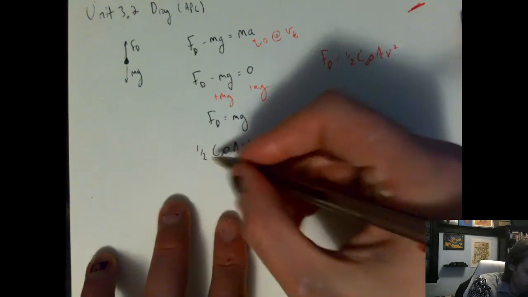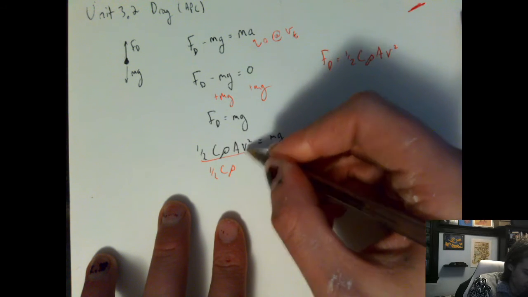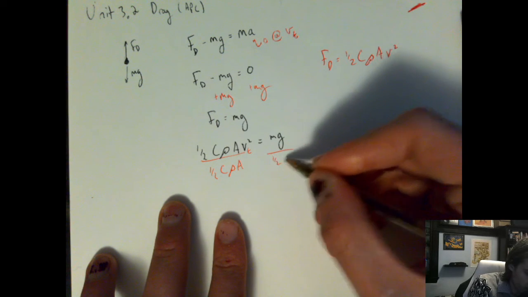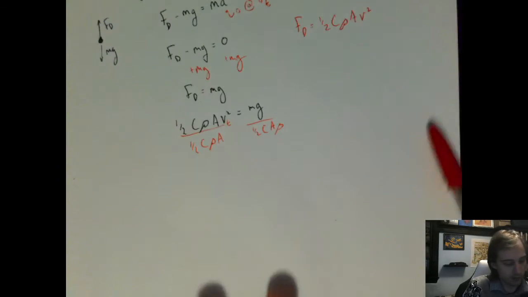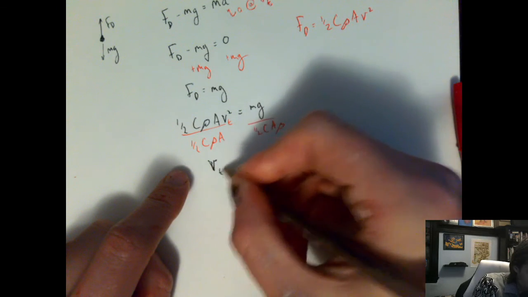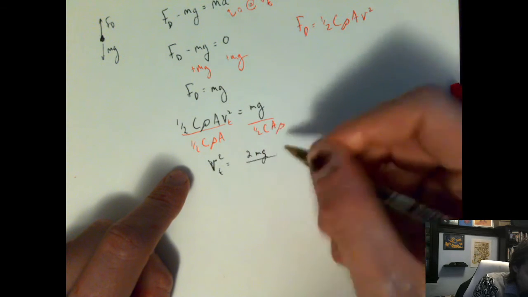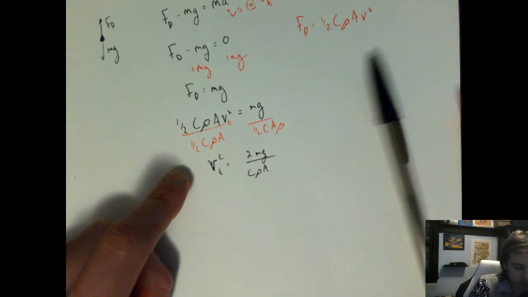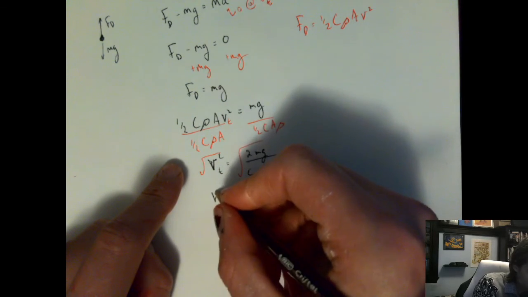And if I want to get my velocity alone, because specifically this will be terminal velocity, I just have to divide by 1/2 C A rho, and I'll get the order right on the next line, which will give us 2mg over C rho times our cross-sectional area. And we can square root that, and we'll get our terminal velocity equation.